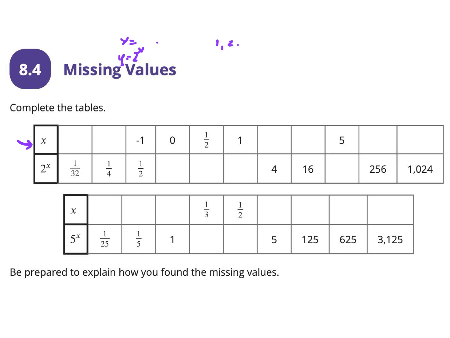2 to the 0 power is 1. 2 to the first is 2. 2 squared is 4. 2 cubed is 8. 2 to the fourth is 16. 32, 64, 128, 256, 512, and then 1024.